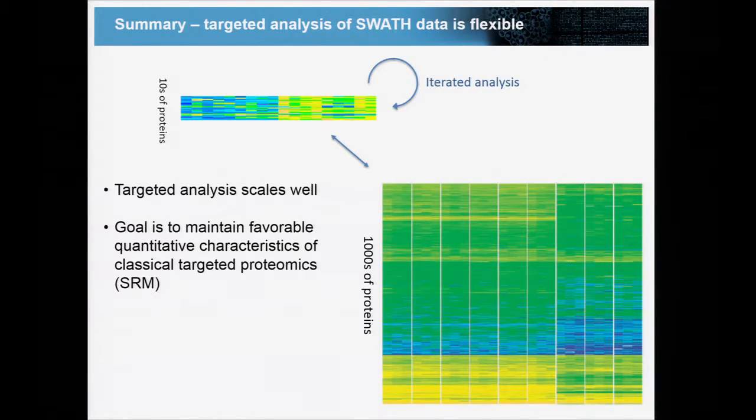So we can do it in a small-scale way, we can do iterated analysis and re-extract things, or we can do it in a very large-scale way and try to find out whatever we can. So on the semantics of whether it's targeted or not, it's definitely not hypothesis driven, but it's a targeted data analysis, and our goal is to keep data completeness. This is the part that I'm more interested in.